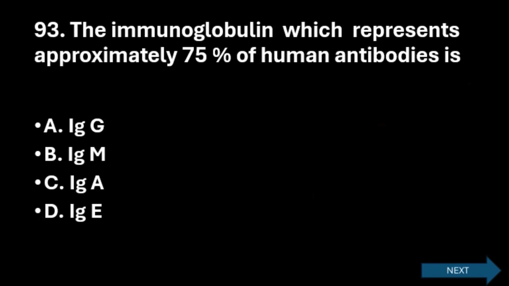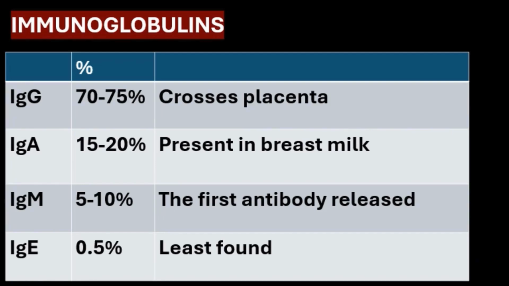Next question. The immunoglobulin which represents approximately 75% of human antibodies is option A, IgG, option B, IgM, option C, IgA, option D, IgE. The right answer here is option A, IgG. Let us see the chart of immunoglobulins. IgG is 70 to 75%.